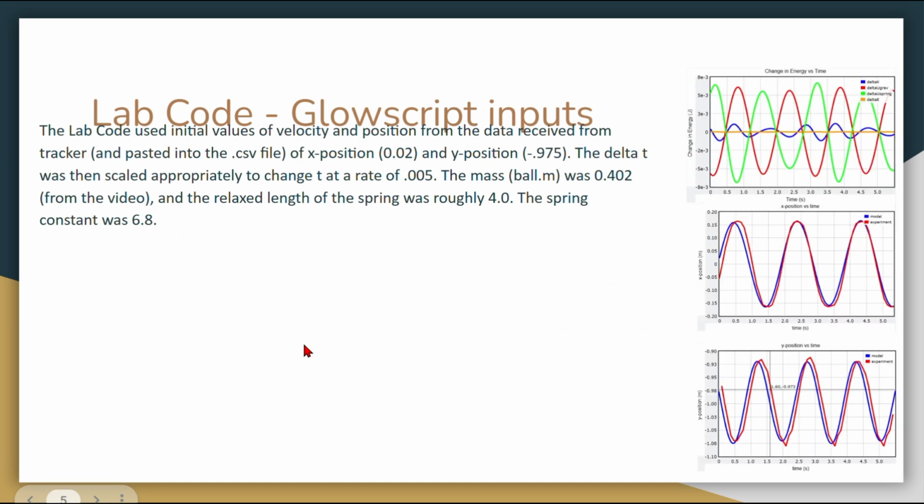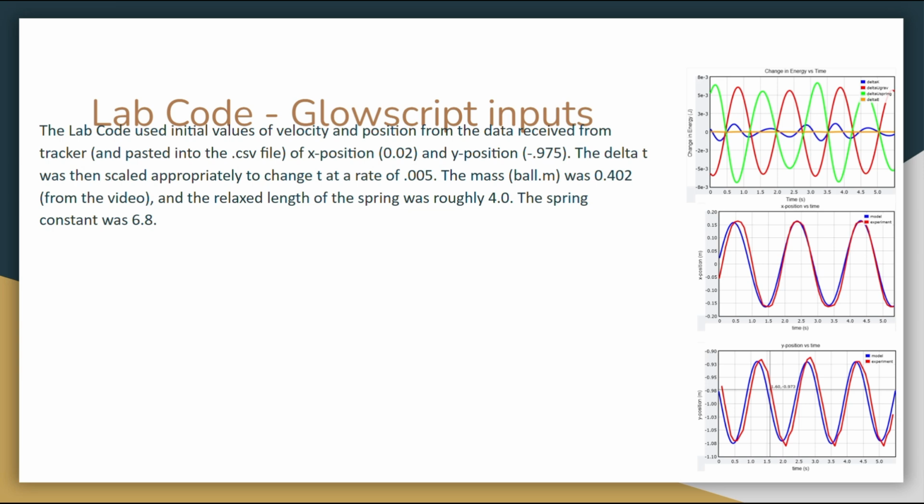And so this GlowScript model used both the model data, which was taken from the experimental data in the initial values, meaning the initial position, which is written here, and the initial speed, which was taken from the difference between the initial values over the time, and it was scaled approximately to have delta t as 0.005 seconds.